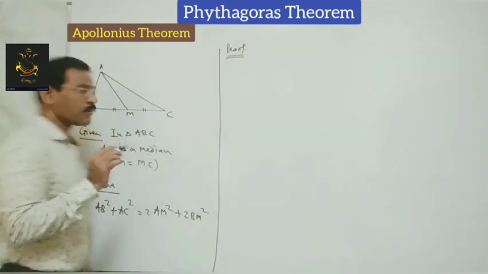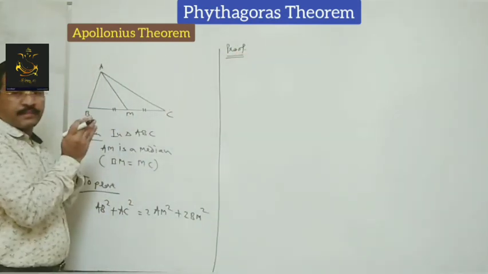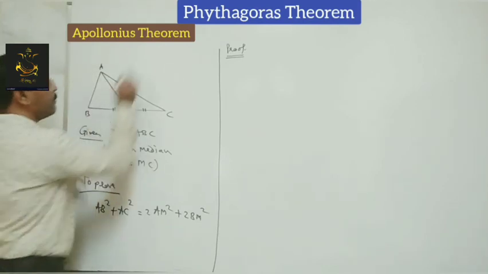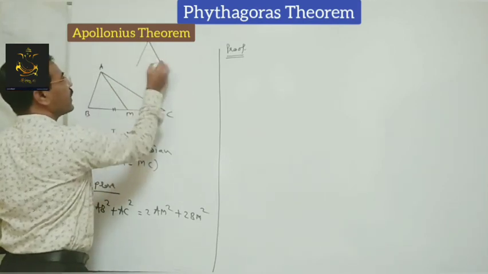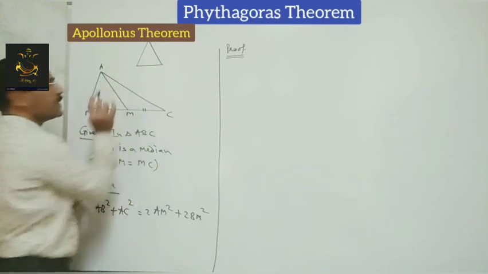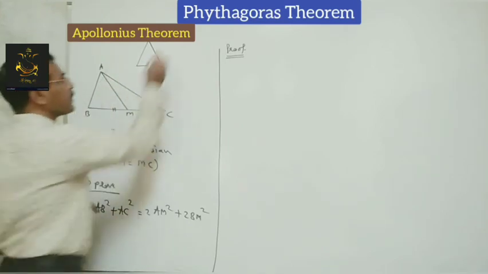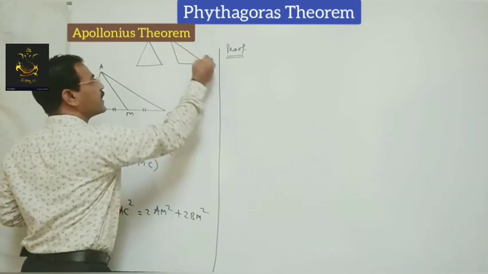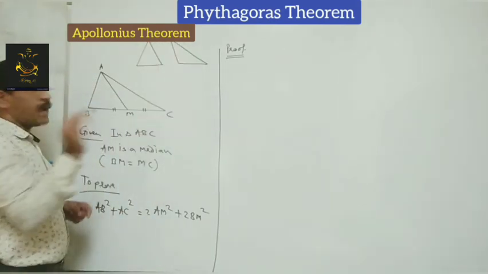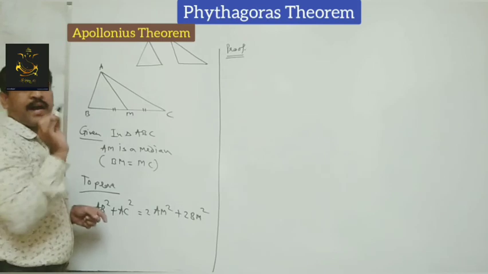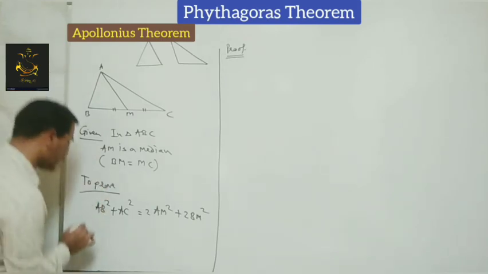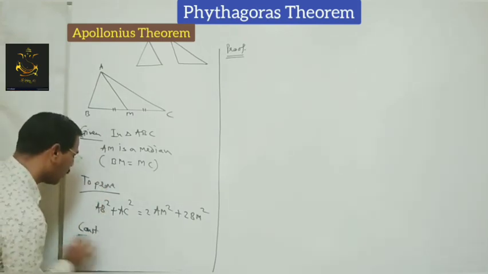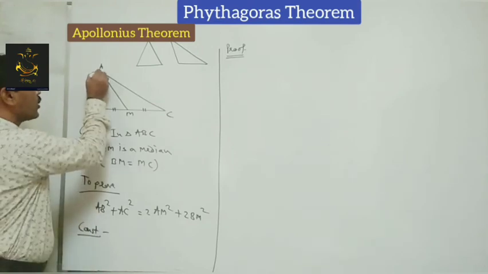See here, I'll split it into two parts. This ABM is the acute angle triangle, and this side triangle is the obtuse angle triangle. Understand? Both have the same height. I'll draw the construction. What is that construction? I'll draw here.